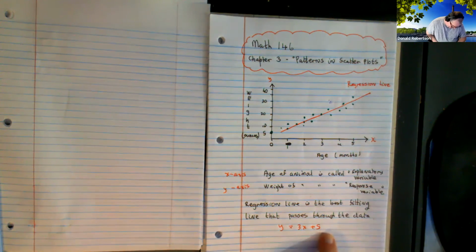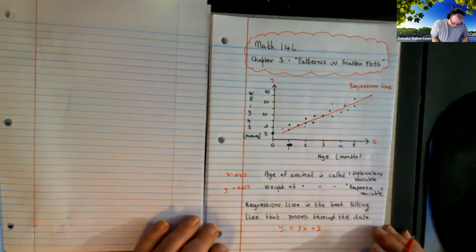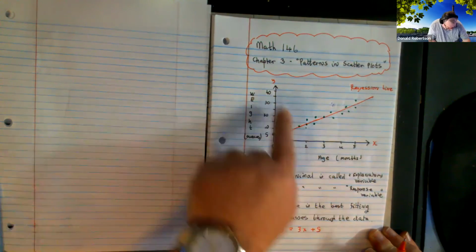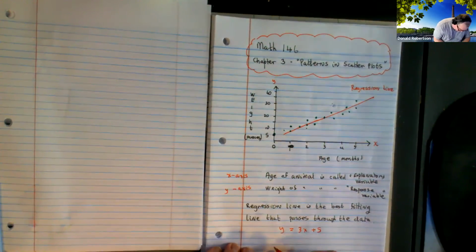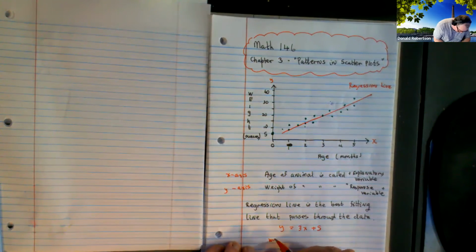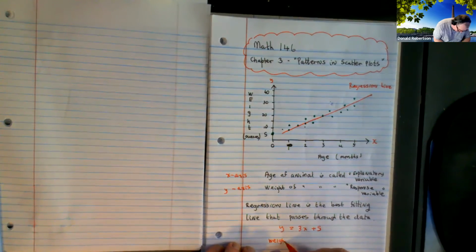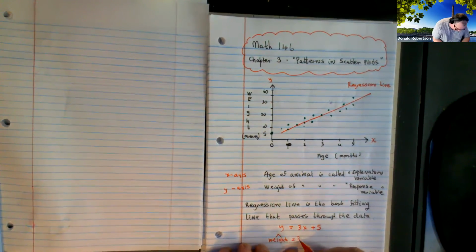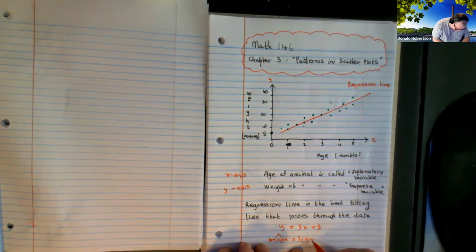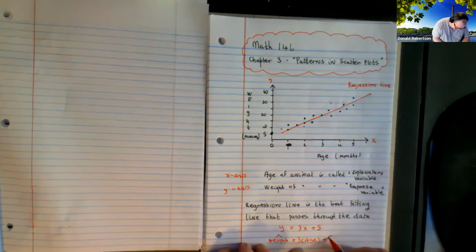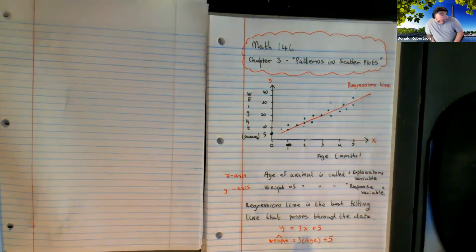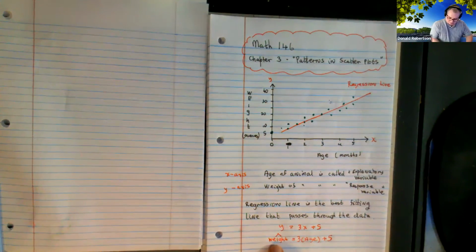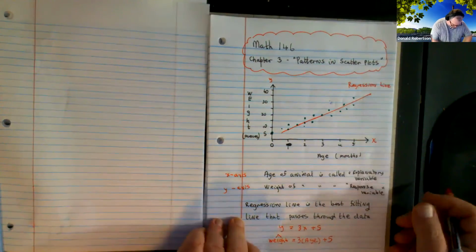Now, that is not the way that we like these equations to be written down, because age is x and y is weight. So we would do something like this. You put a funny little hat on, and I'll explain what that is in a minute. And you go 3 times age plus 5. So do you see the x is replaced by age and the y is replaced by this weight with a funny little hat on it?